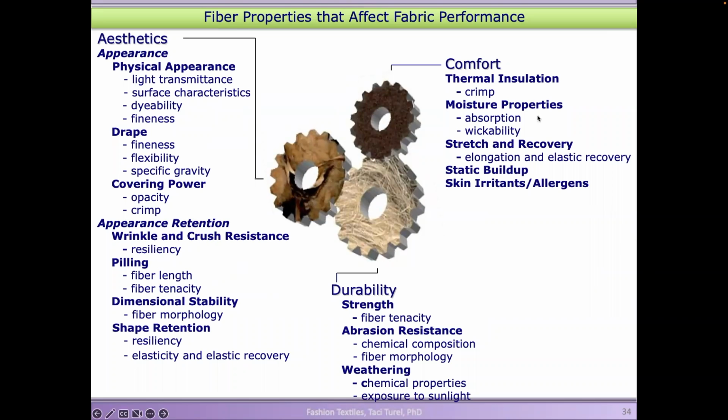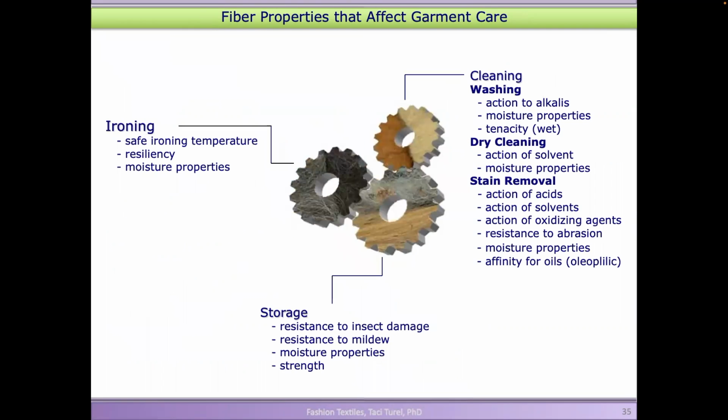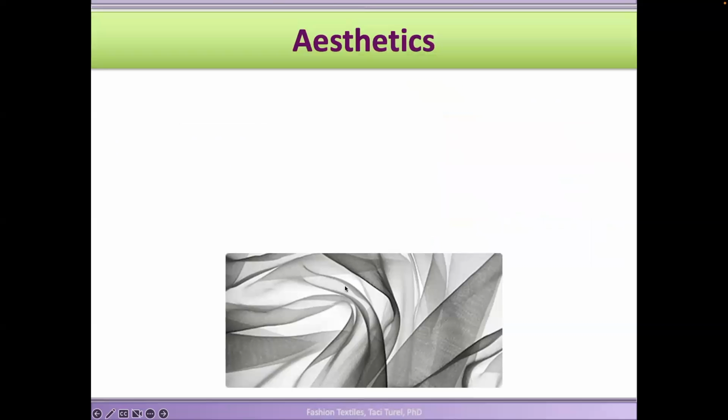And we talked about comfort properties like insulation, absorption, wickability, elongation, elasticity, static buildup, and so on. And in terms of durability, we have properties like tenacity, abrasion resistance, weathering, and so on. So I already mentioned all of that in the first class. So I'm going to go through them really quickly. And I'm also going to mention some of the care properties like ironing, washing, storage of fibers.